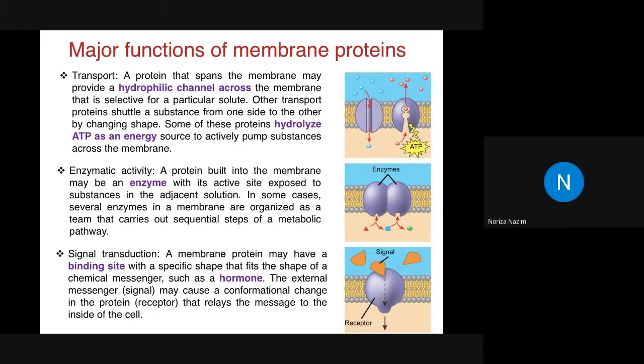Yes, sir. So this is a receptor protein. So when the signaling molecule binds with it, it passes this message below, inside the cell. Is it clear? Yes, sir.